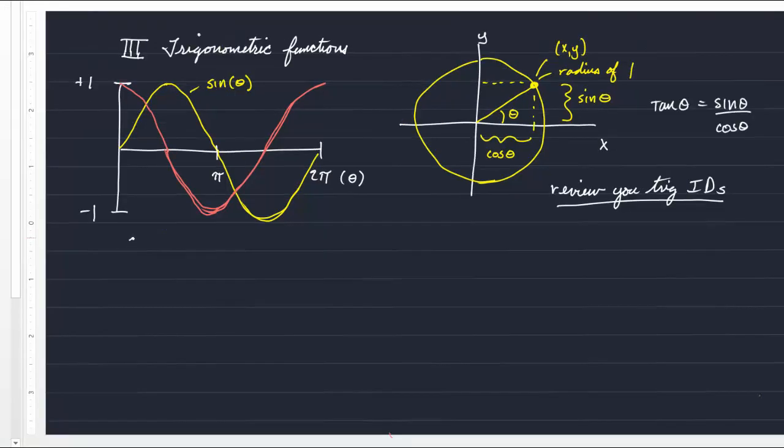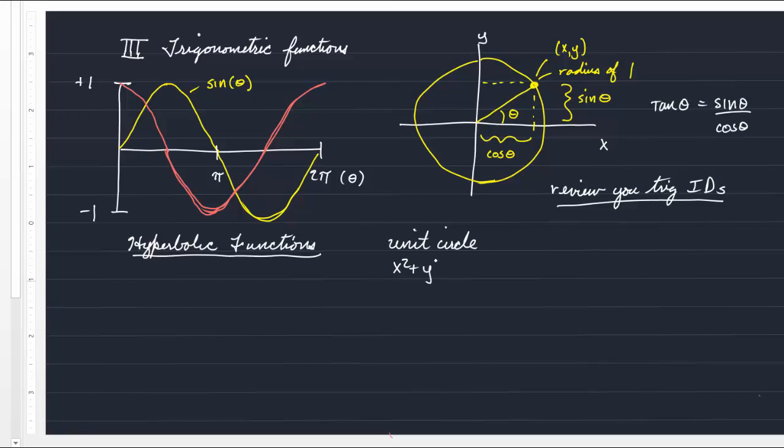So now let's talk about hyperbolic functions. Trigonometric functions describe the relationships between the x and y coordinates to theta on a unit circle, right? And you might recall that a unit circle is described by the equation x squared plus y squared equals 1.